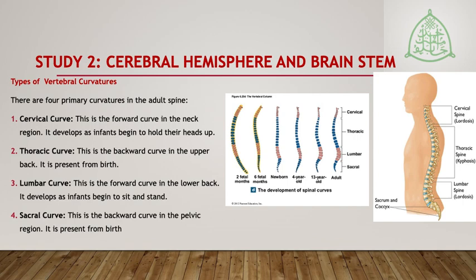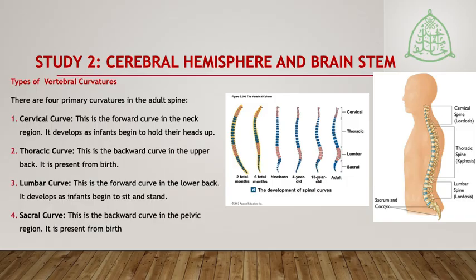So the first one we have is the cervical curvature, which is important. You remember when the baby is born, their head keeps shaking, but the moment the cervical curvature is formed, the head stops shaking. And then you also have the thoracic curvature, which helps to move back and give room for the location of our thorax, for our lungs and our heart as well.